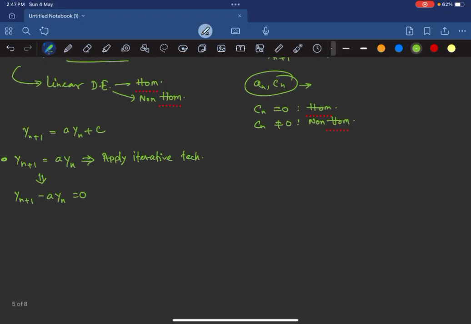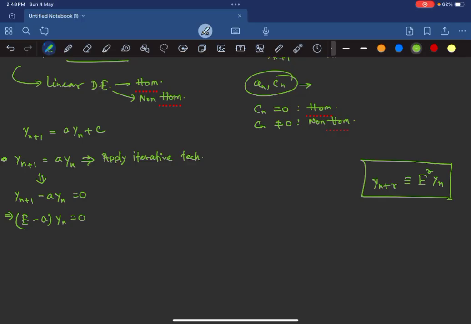This equation can be expressed as (E - a) y_n = 0. There is one important relation between E and y_n: y_{n+r} is equivalent to writing E^r y_n.